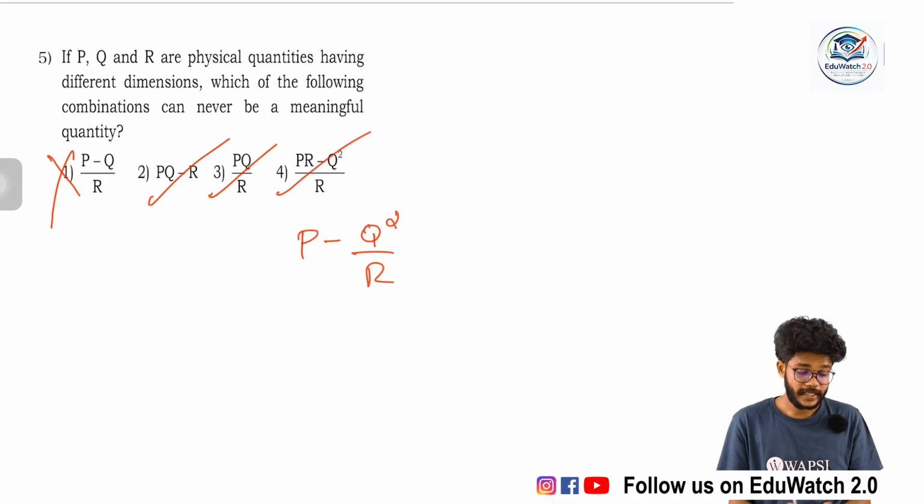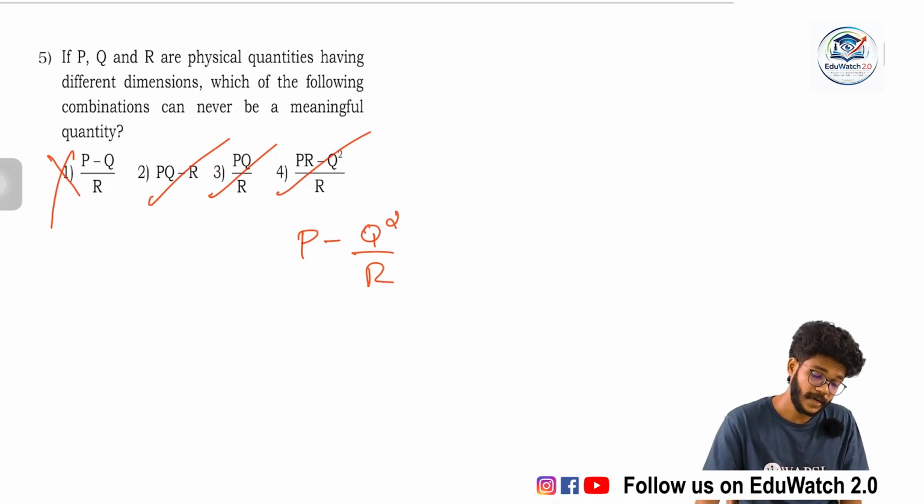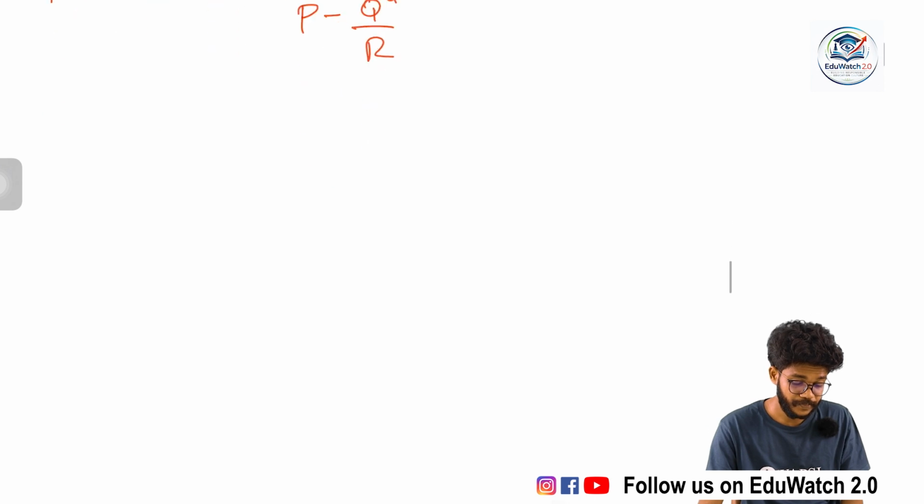The one and only one which has a mistake is the first option, P minus Q. They are already saying that they have different dimensions, so P minus Q is the incorrect option. So what can never be a meaningful quantity is P minus Q, option A.